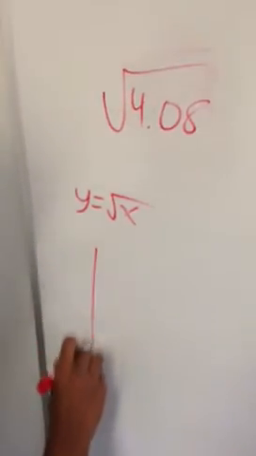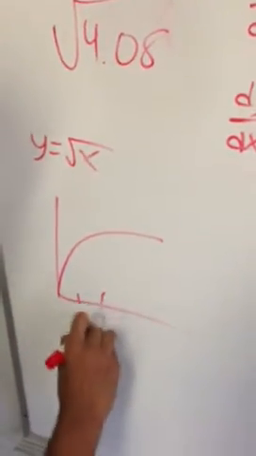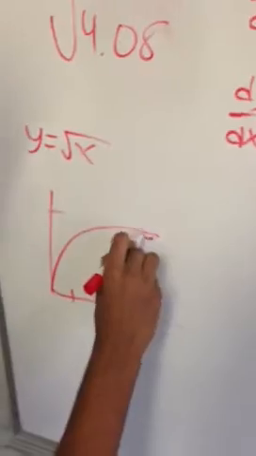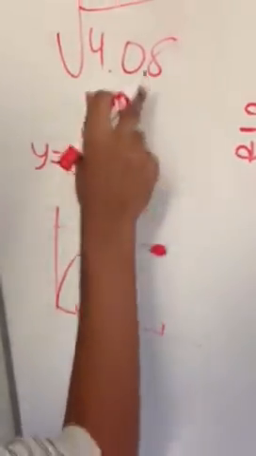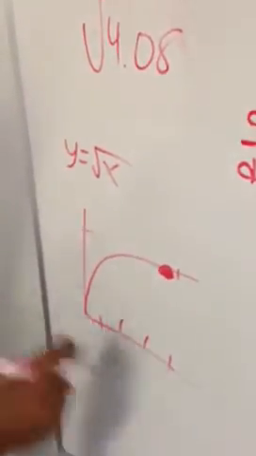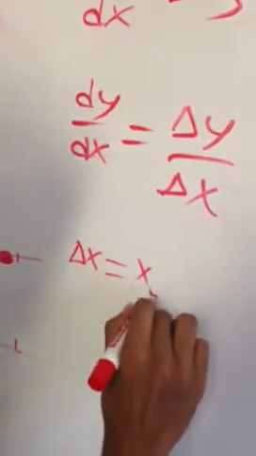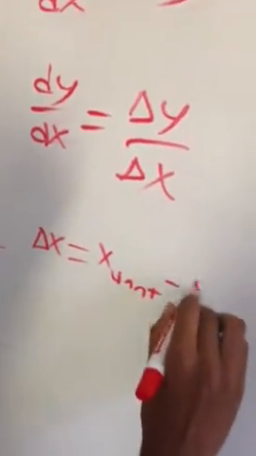Okay, let us graph this. At x equals 4, y equals 2. It's this little point here. But we want to find root of 4.08. So when x is 4.08, which is about there, and the curve continues, it's about here. We want to find what that y value is. We can say that delta x is the x value that we want, x want, minus x have.